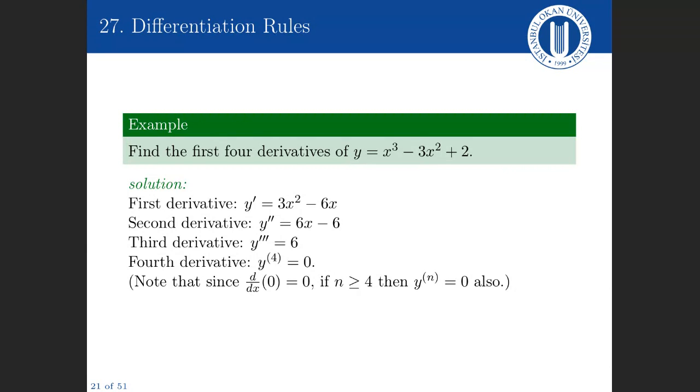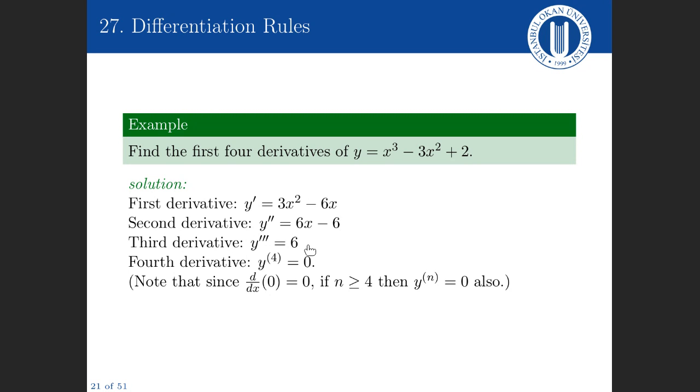For example, find the first four derivatives of x cubed minus 3x squared plus 2. This is an easy function. You can just use the power rule, the sum rule, the constant multiple rule to calculate these derivatives. First derivative, 3x squared minus 6x. Differentiate again. Second derivative, 6x minus 6.